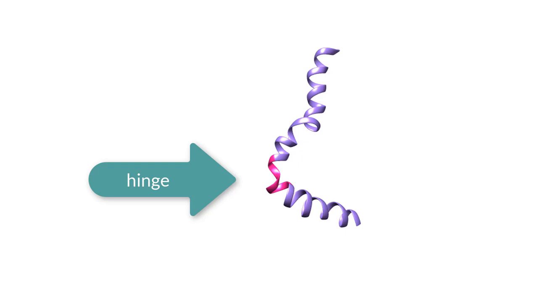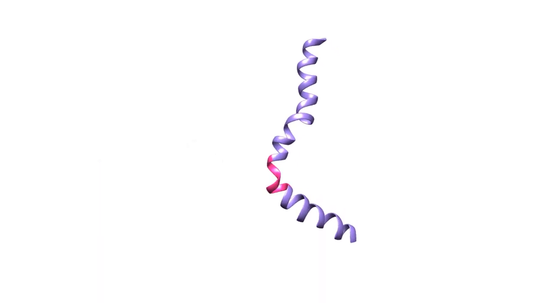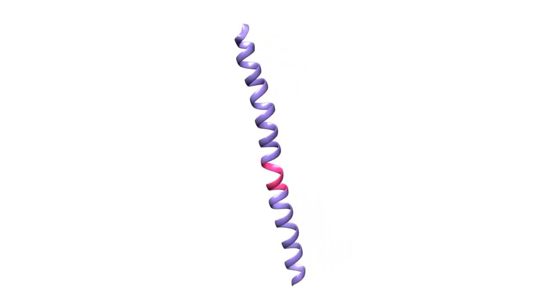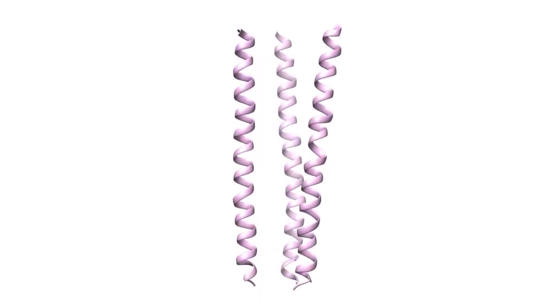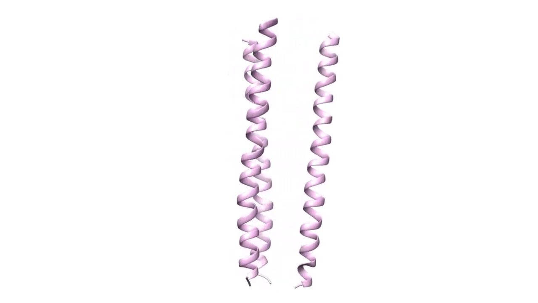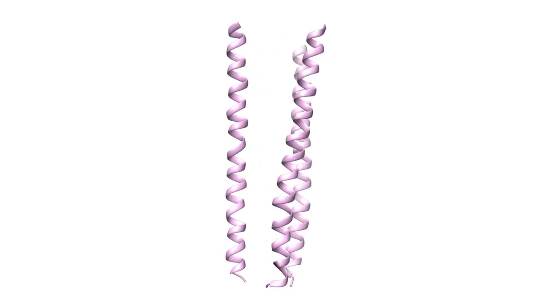When dermcidin is secreted onto the surface of the skin and comes into contact with bacterial membranes, it assembles into its second structural conformation. The trimerization of antiparallel peptide dimers forms a hexameric bundle.